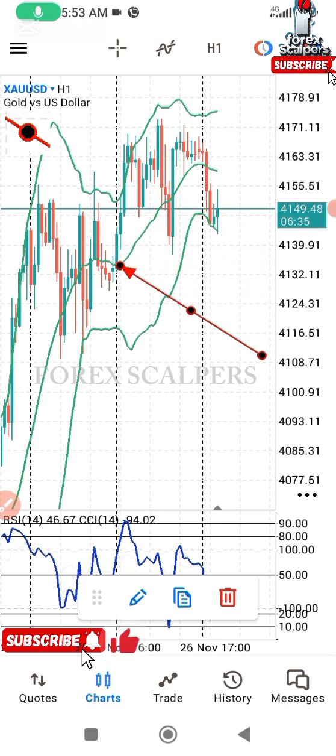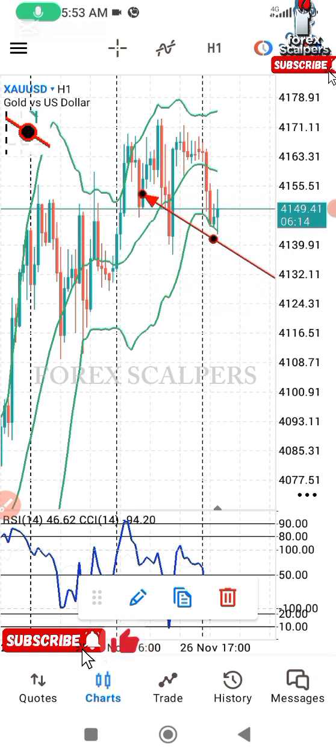To do that, you need to pay attention to the middle Bollinger Band, which means that price should be either above the middle Bollinger Band, to determine an uptrend, or below it, as a downtrend.